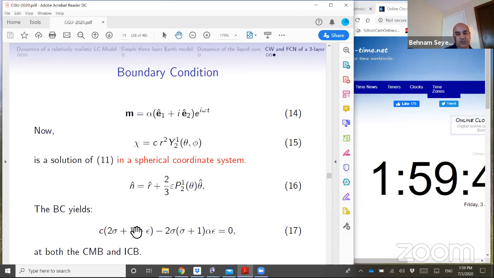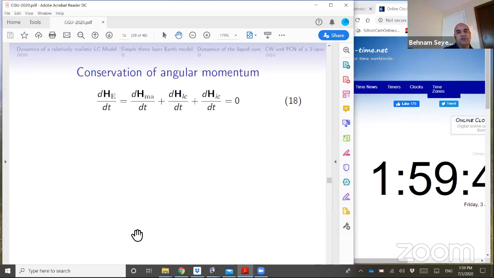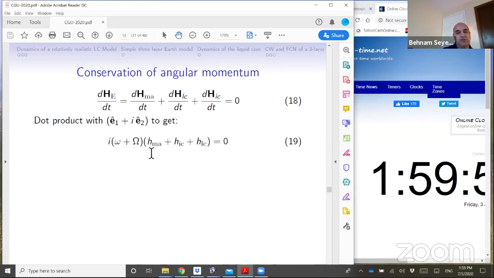So that means we have uniform rotation. So we need another equation, and for that we use the conservation of angular momentum.